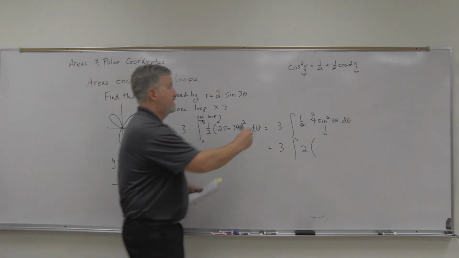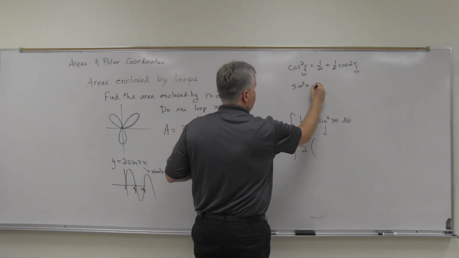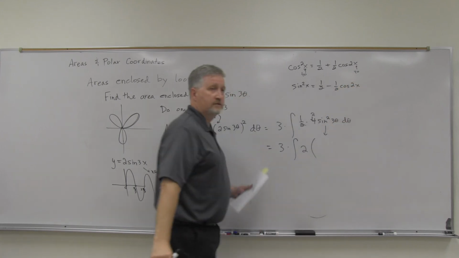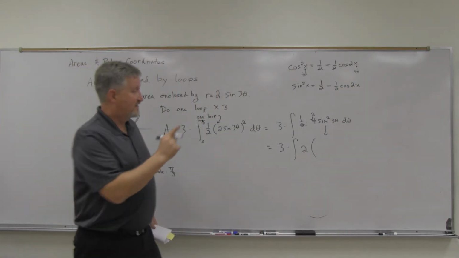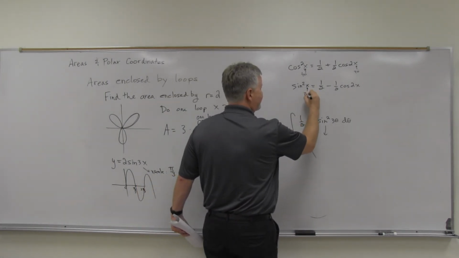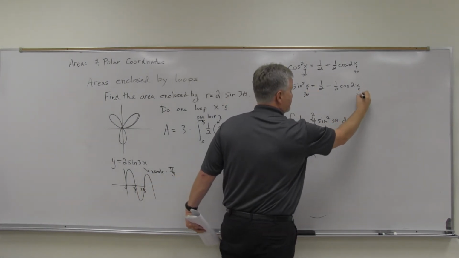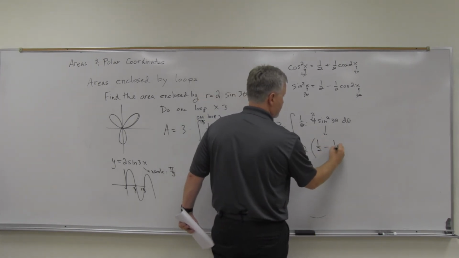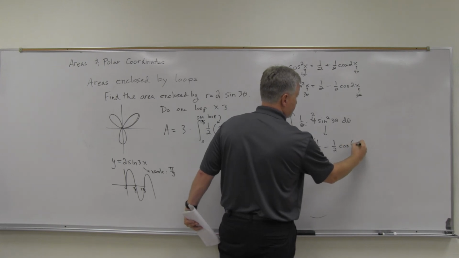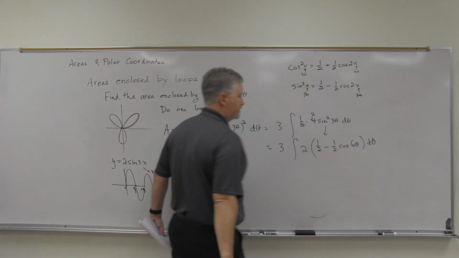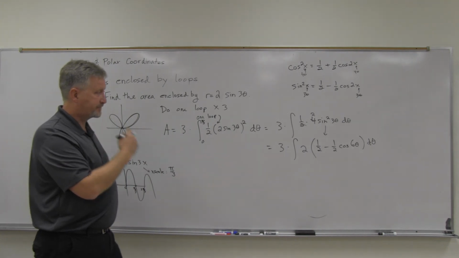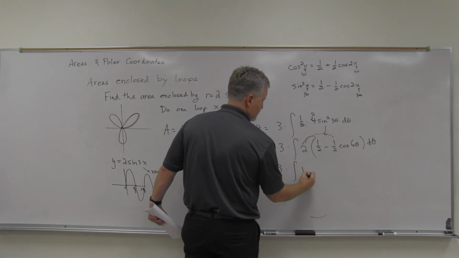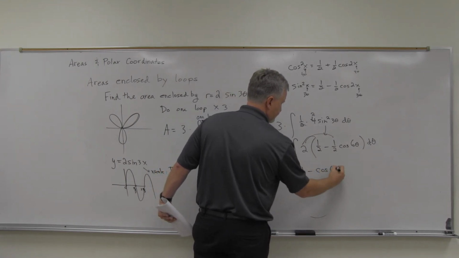Use the double angle, except sine squared x is 1/2 minus 1/2 cosine 2x, right? But in this case, the x is not x, it's 3 theta, so this would be 2 times 3 theta, 6 theta. So it's 1/2 minus 1/2 cosine 6 theta. And again, that 2 helps us out because it'll just make it 1 minus cosine 6 theta.